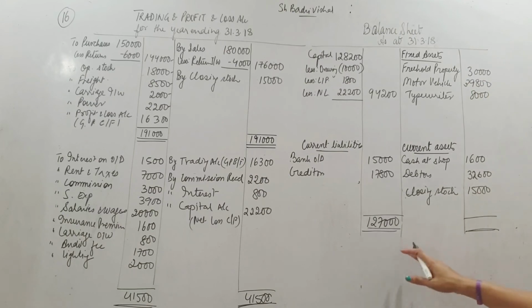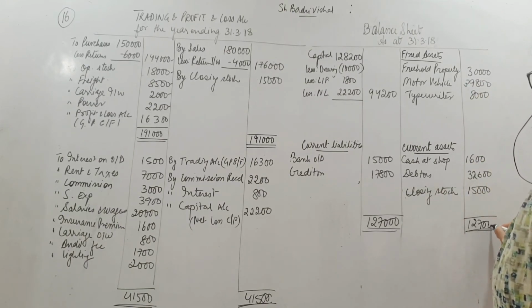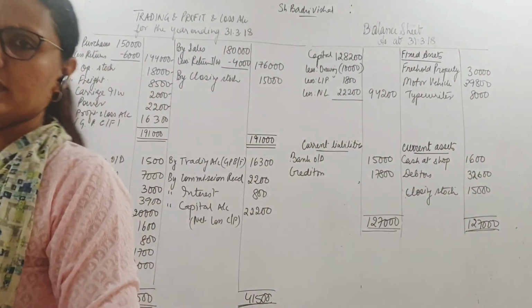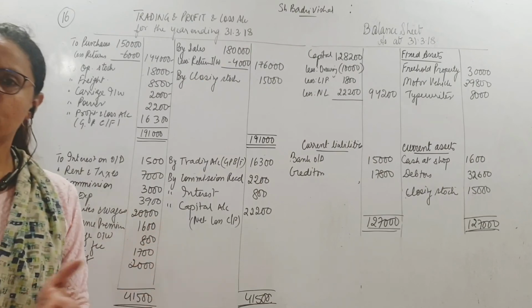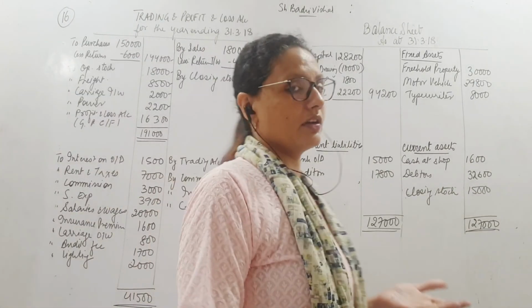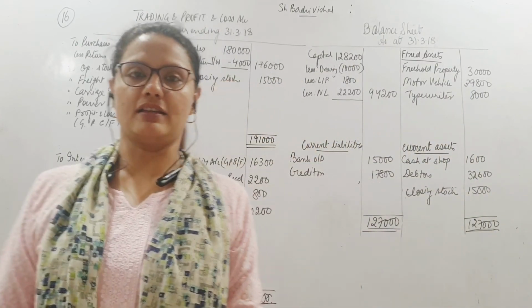Yes, correct. 1,27,000 here, and here also 1,27,000. Alright? So with that, my balance sheet is also tallied. Pretty smooth process. I have not missed out on anything, and my totals are all correct. So this brings me to the end of my final accounts.